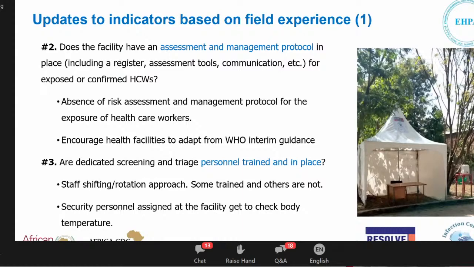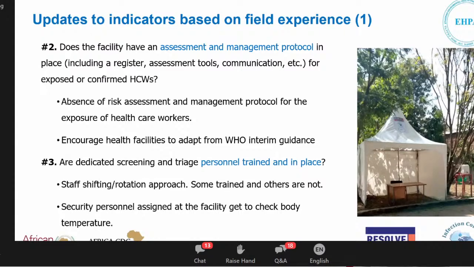Some of the staff are well trained and some others are not. So while we record or observe the triage system, sometimes we have a response from monitors that not trained, not dedicated staff is in place.